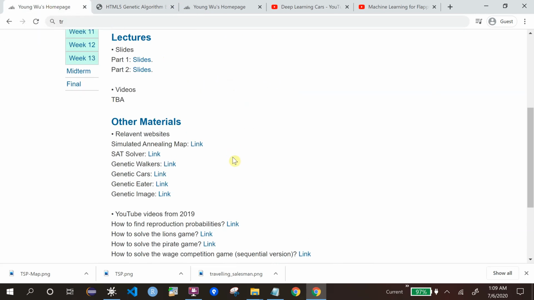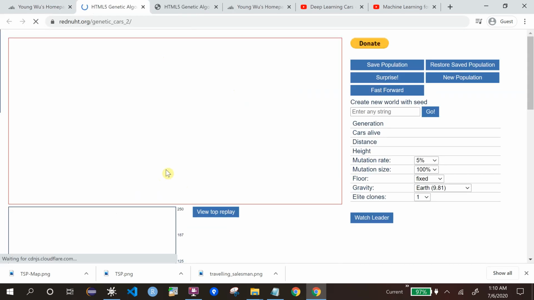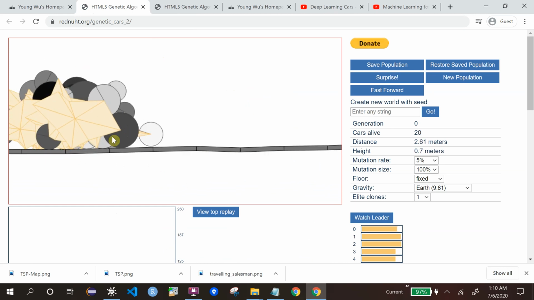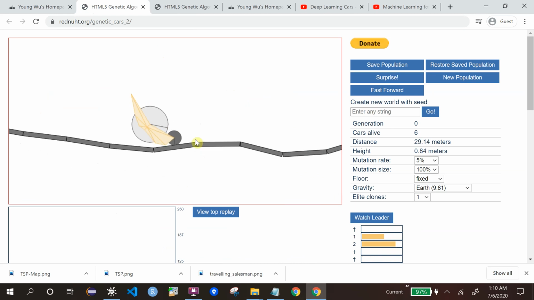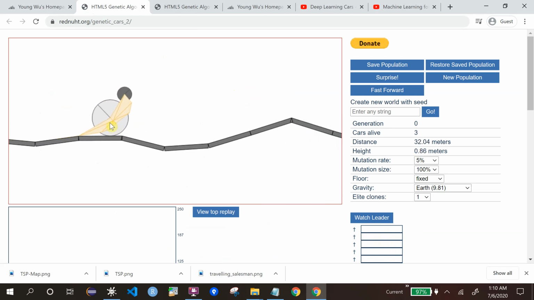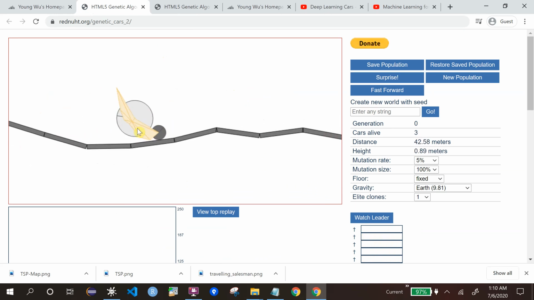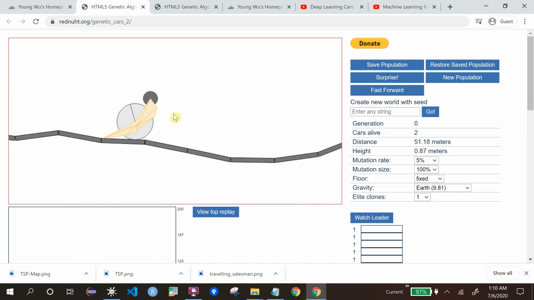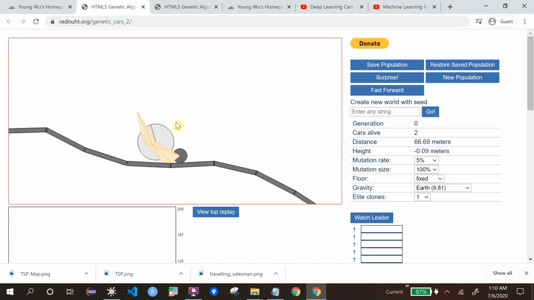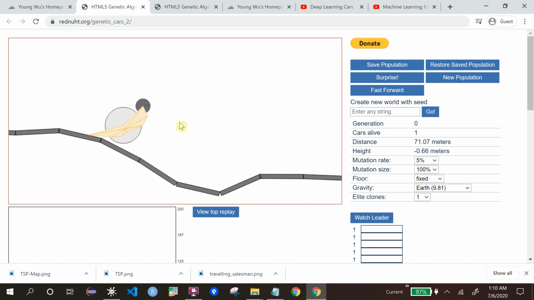Okay, so let's look at another example, maybe the genetic cars. Basically we have different shaped cars. Some of them can drive, some of them cannot. I think some of the parameters are the size of the wheels and the shape of the car body. That one is actually good at the beginning.